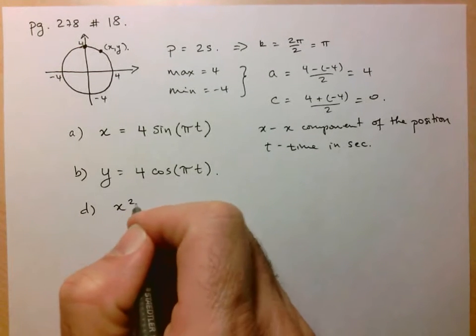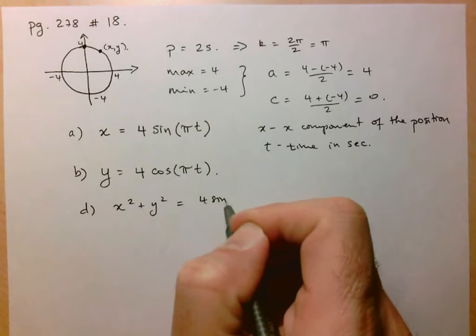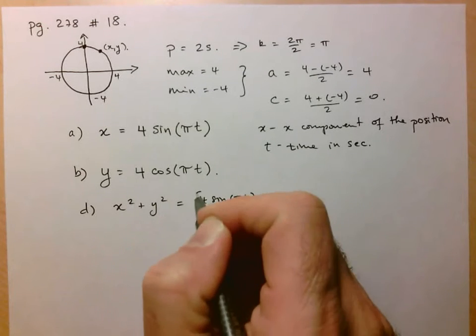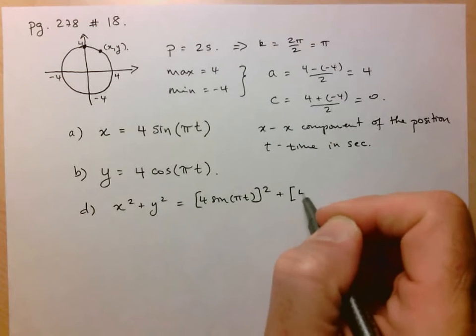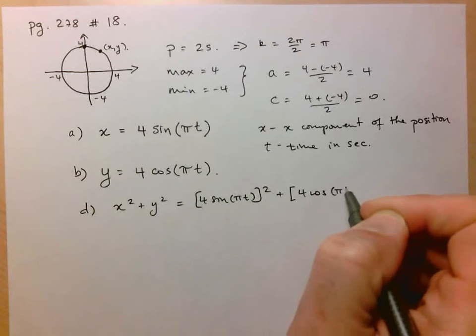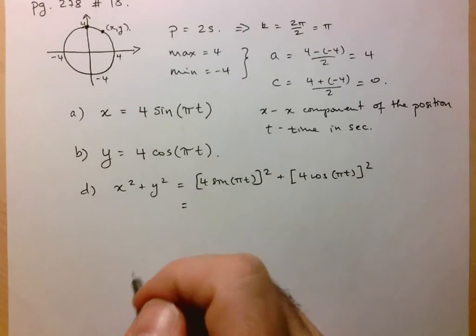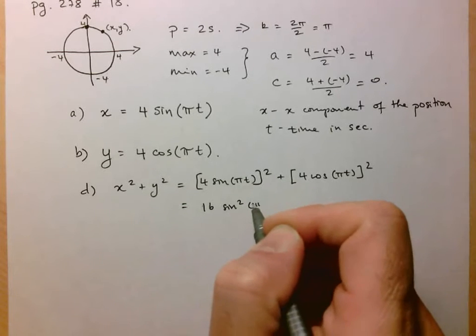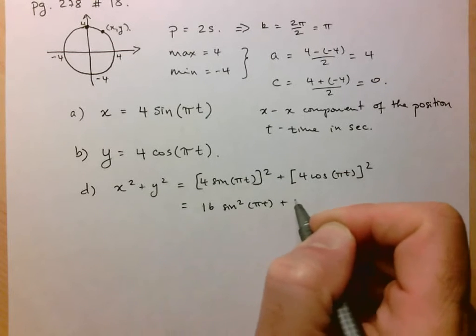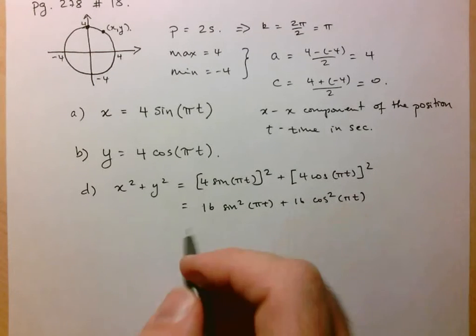So we'll take x squared plus y squared, which is equal to (4 sine pi t) squared plus our y value, (4 cos pi t) squared. Do a little algebra here. So here we have 16 sine squared pi t plus 16 cos squared pi t.